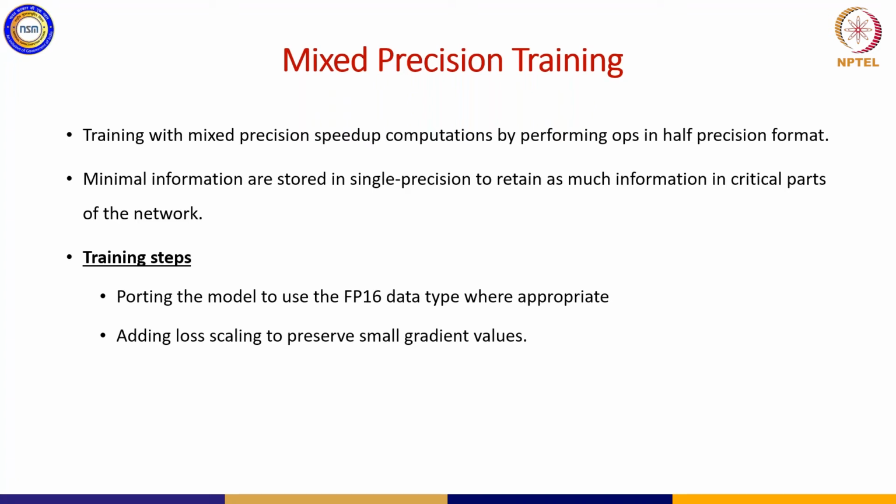So you will not be able to get the accuracy you would get if you were using only FP32. So then the loss of your model has to be scaled. And how do you scale? You scale by multiplying that loss with a particular value.